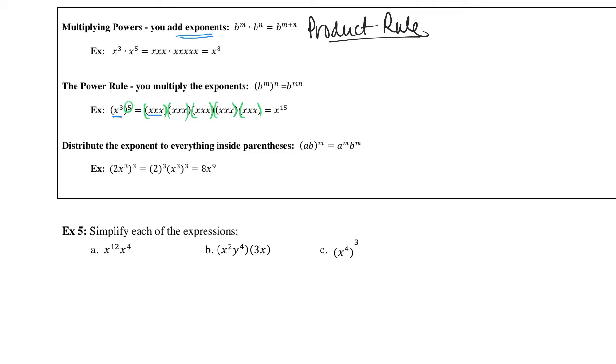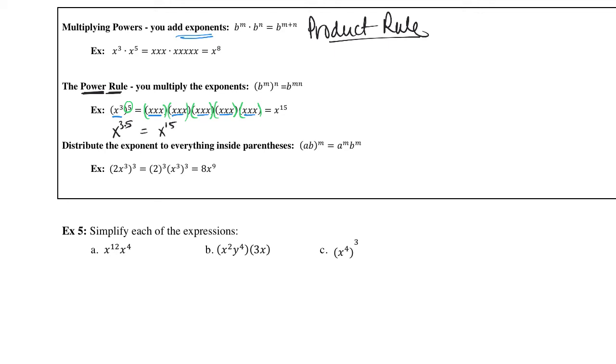So we've got x cubed times itself 5 times. That gives us 5 sets of 3 x's, and you can see those all combine up to x to the 15th. That's what you would get if we multiplied powers there. So if you're taking something to an additional power, then you multiply.